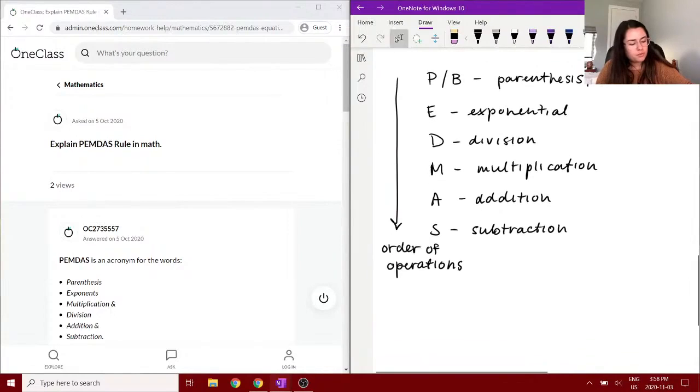So yeah, the multiplication and division, and the addition and subtraction, these can be interchangeable with each other, so you can do them in whichever order they appear first. So the order doesn't matter for these two. If you have multiplication before division or division before multiplication, it doesn't really matter.